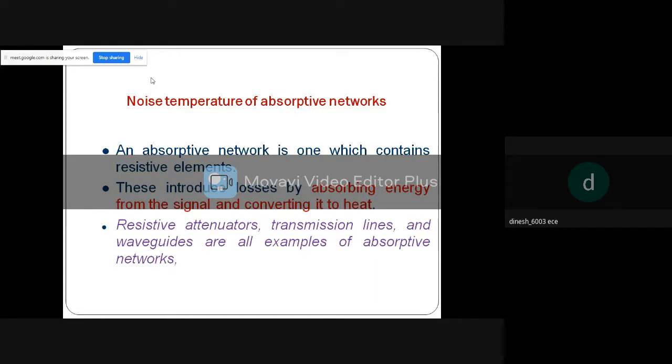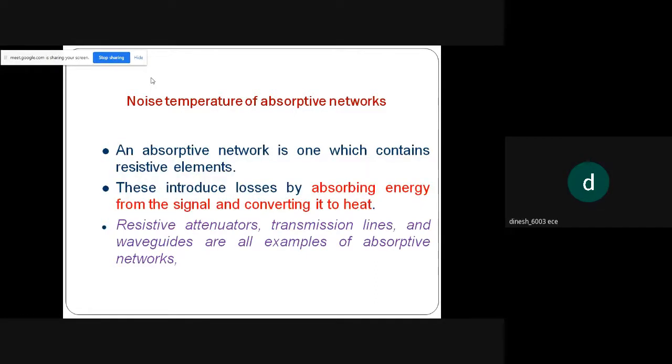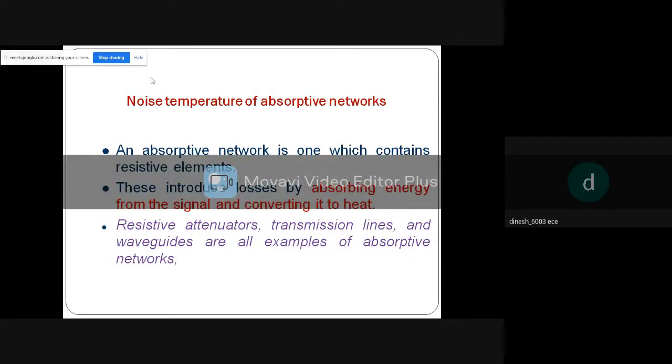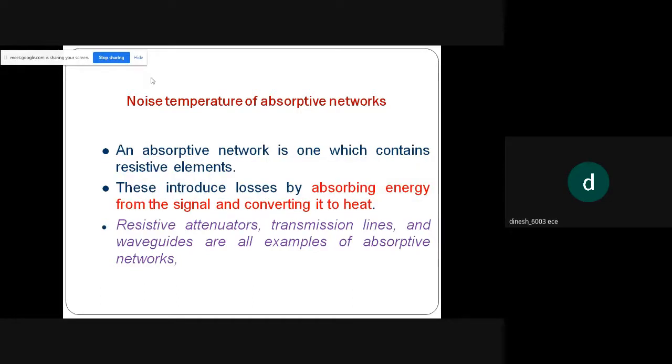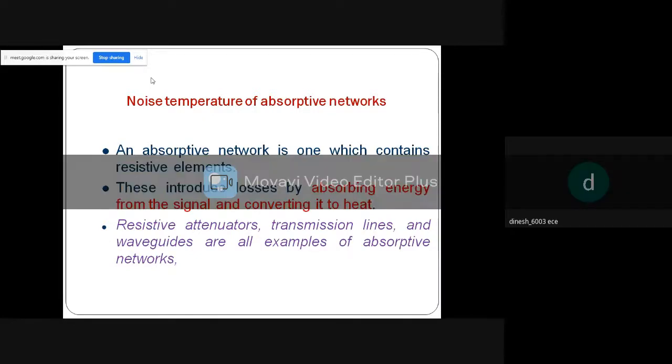The noise is introduced by the loss of absorbing energy from the signal and converting it into heat. These are due to resistive attenuators, transmission lines, waveguides, which are examples of absorptive networks. So the absorptive networks create noise temperature also.